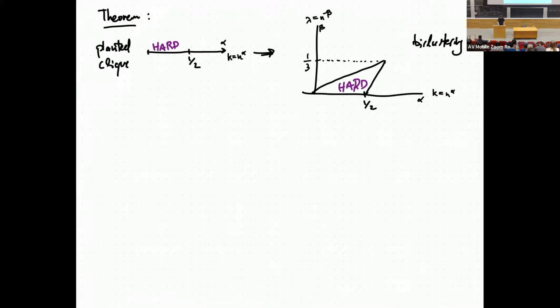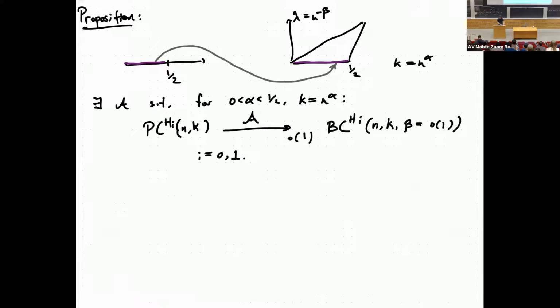Okay, so here's the theorem that I claimed. We're going to map planted clique to biclustering, in particular this hard region to this other hard region. Question? No. Okay, so we're going to do this in two parts. We're first going to map the hard region of planted clique to this bottom edge of the triangle.